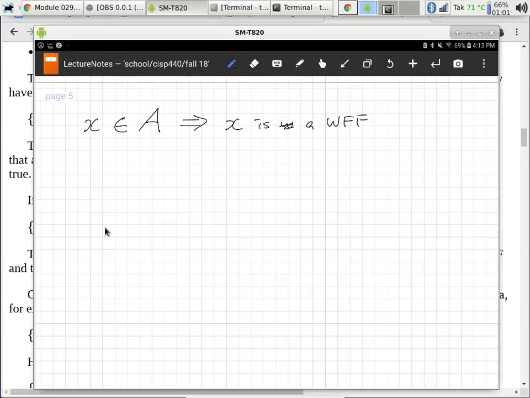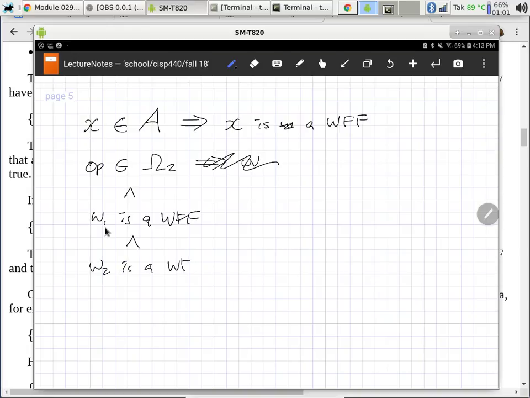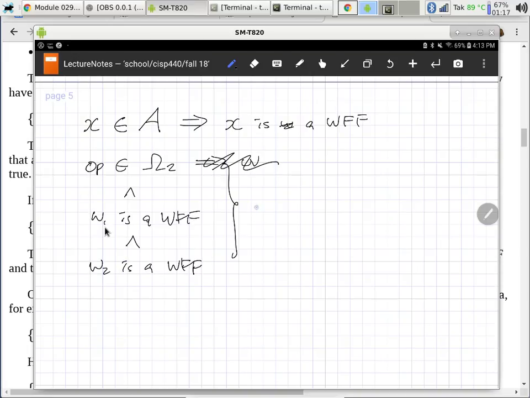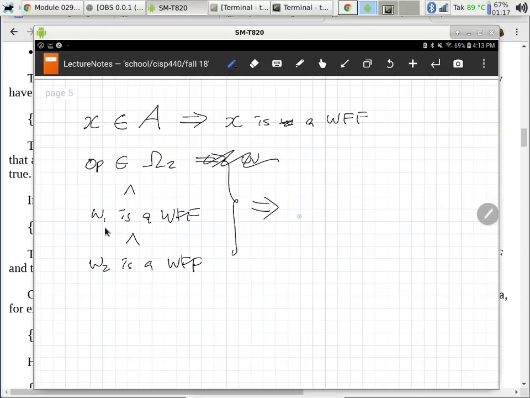Well, if you pick an operator from, say, omega 2, and W1 is a well-formed formula, and W2 is a well-formed formula, when you have this conjunction being true, it implies W1, whatever operator you choose, W2, is also well-formed.